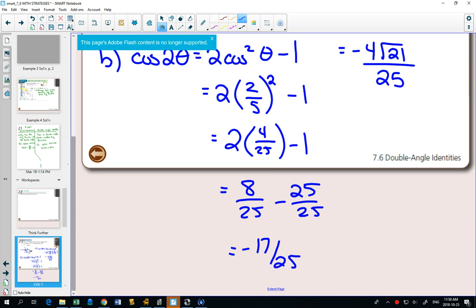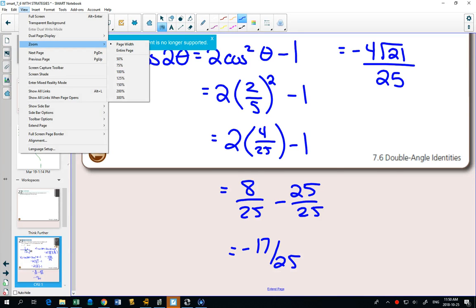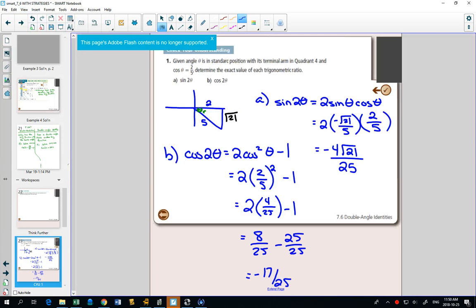Negative 17 over 25. So we just solved for cos of 2 theta and sine of 2 theta. Theta's in quadrant 4. What quadrant is 2 theta in?